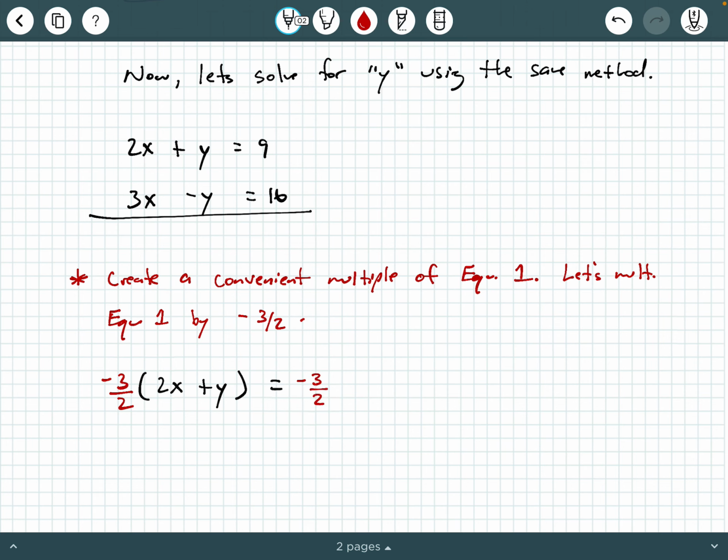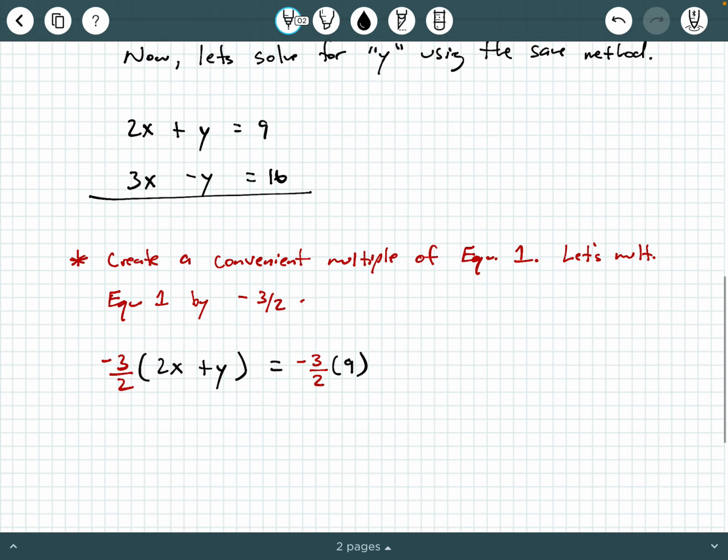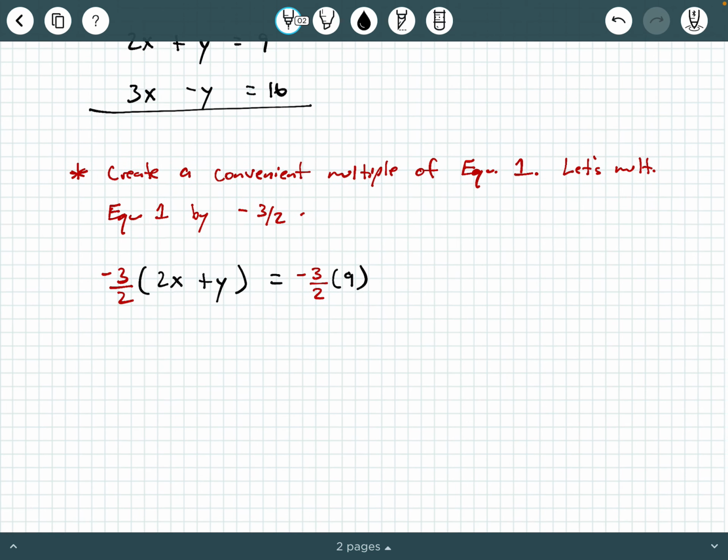So I'm going to multiply both sides of this equation by -3/2, all right? And when I do that, if I distribute that -3/2 on the left side, I'm going to end up with -3x minus 3/2 y equals negative 27 over 2.